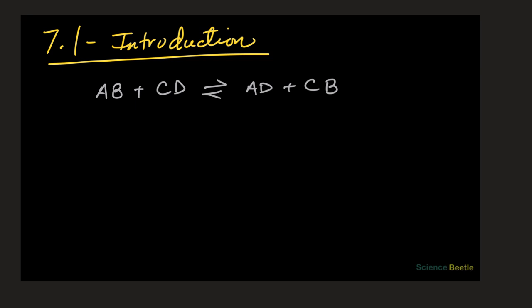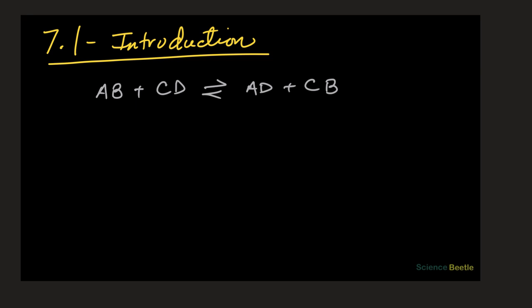The main thing to know here is that there is a difference between the concentration of all of these items on the reactant side and on the product side, and you need to be able to look at these changes in concentration over time.